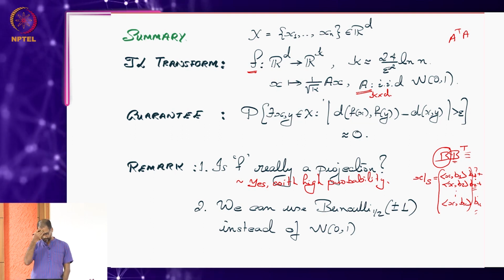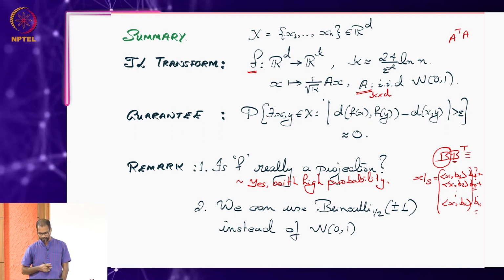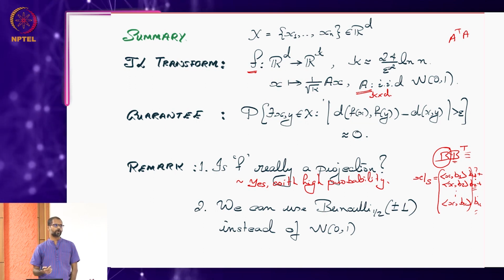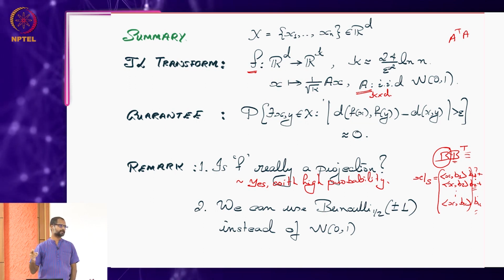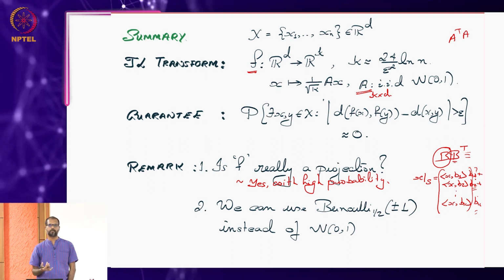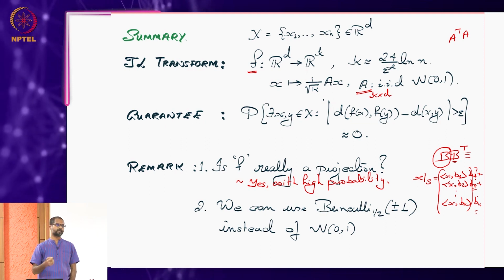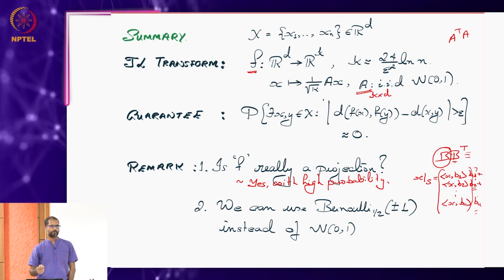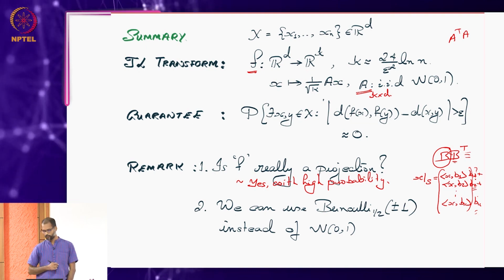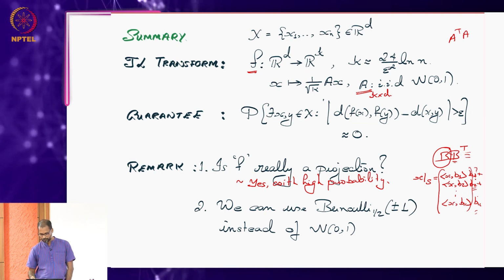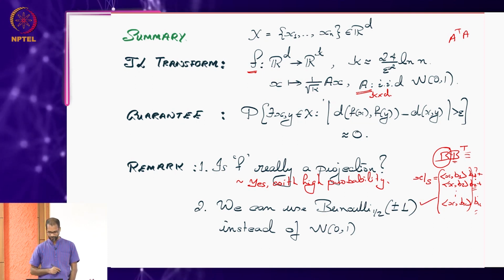I think Ravindran or Venkatesh mentioned it in one of the talks. The proof is more complicated because you do not have the property that linear combinations of Bernoullis are Bernoullis. So that part of the proof becomes a bit more difficult, but it is a well-known and well-proved result. So you can also use Bernoulli plus 1 minus 1.